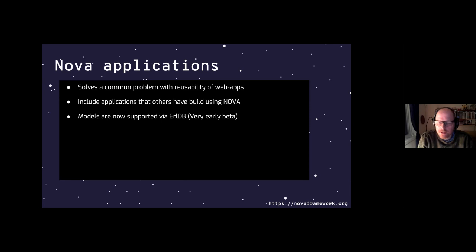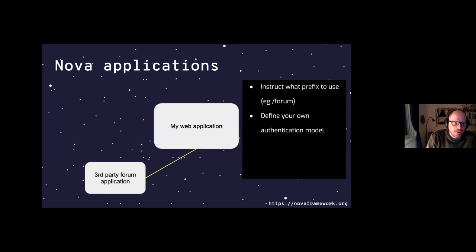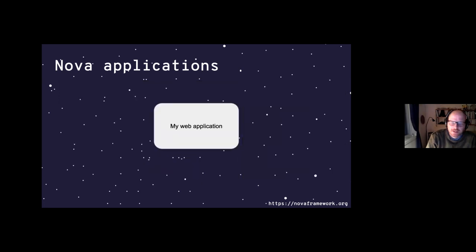And we said that this is probably a very good fit for Nova and what we're trying to accomplish. So you also have the models baked into this application. So we can take an example. For example, if you're developing my web application in this case, and you want to add a forum, you can just include that forum.